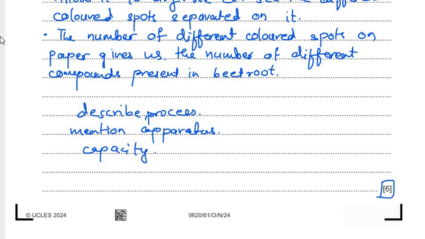Here it was not needed, so we just had to describe the process, and we also mentioned the apparatus required, that is beaker, pestle and mortar, the chromatography paper, all that we had mentioned. So this is how we are going to describe the last question of the investigation, and this is definitely required. All these points have to be taken care of.